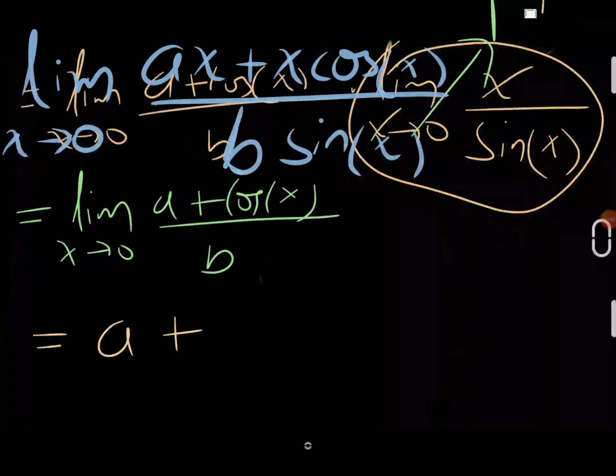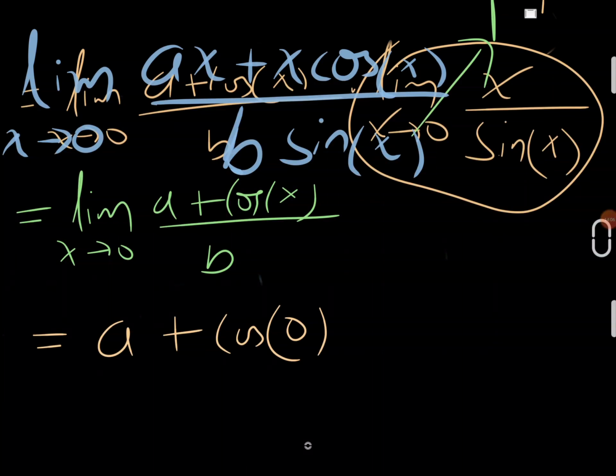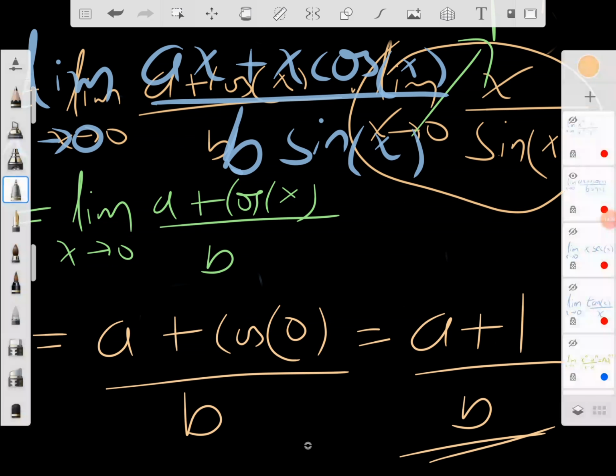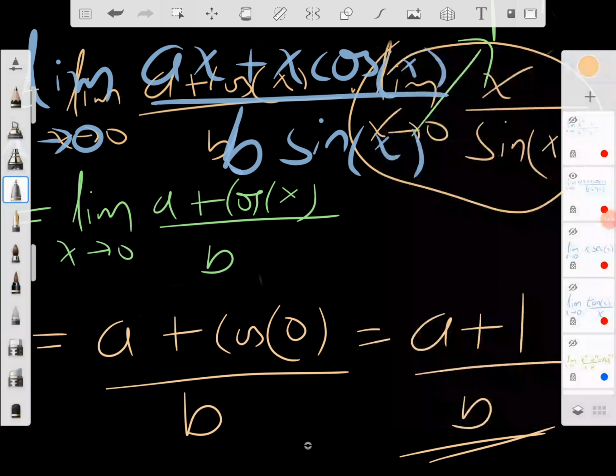So it is a plus cos of 0, and you all know what is cos of 0, divided by b. So it is a plus cos of 0, that is 1, divided by b. So it is a plus 1 by b, and there you get the answer. One more thing. So you see that when x tends to 0, ax plus x cos x divided by b sin x approaches a plus 1 divided by b. So you see how we got this question.